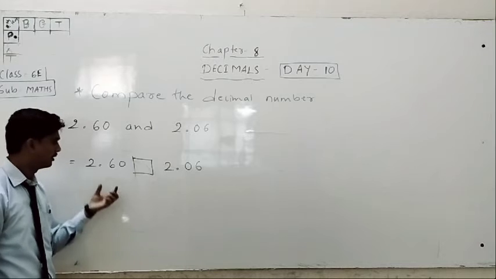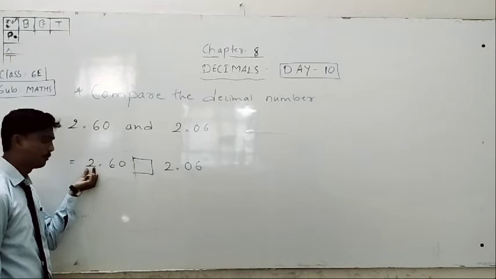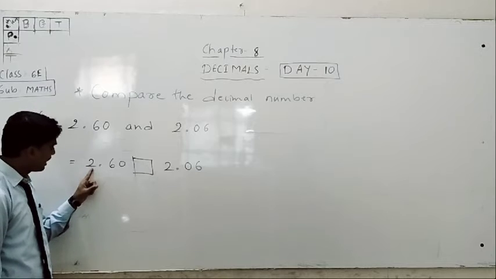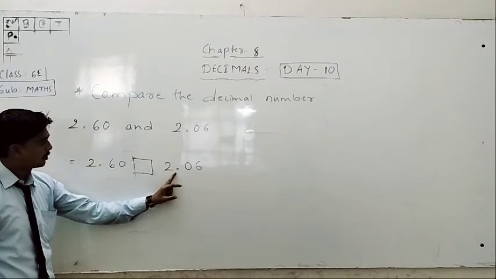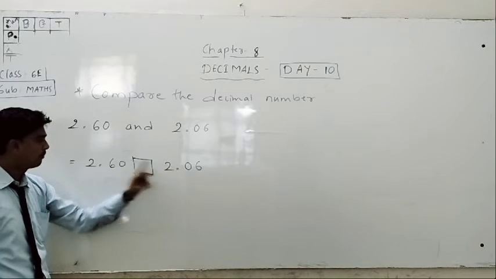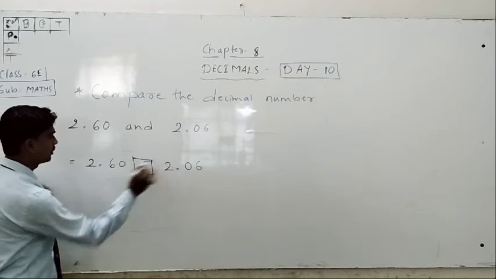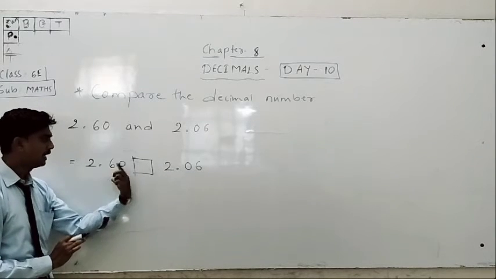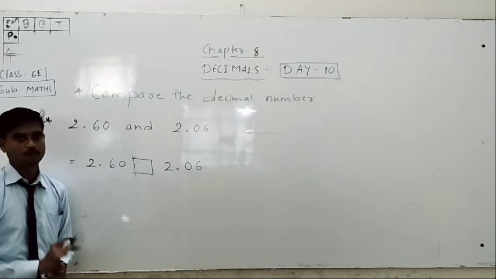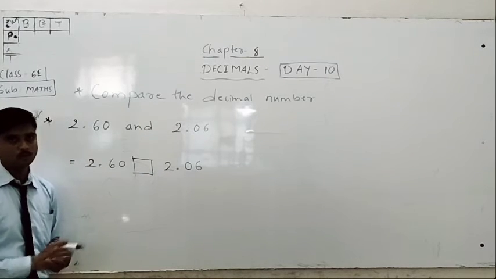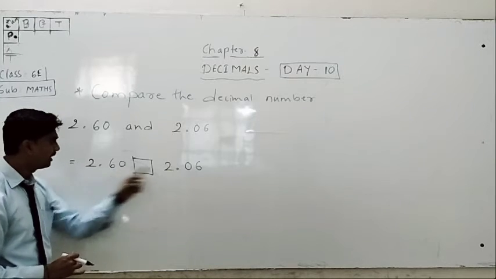Bigger place means the number before the point, the unit place. Here the unit place is 2 and here also 2. So both sides are 2, then it is equal. Then go to the next number.